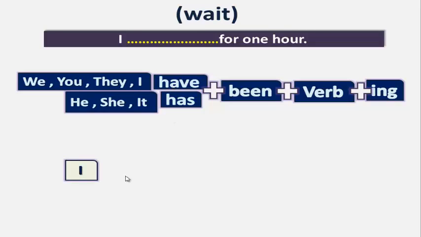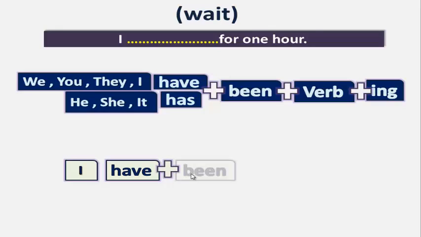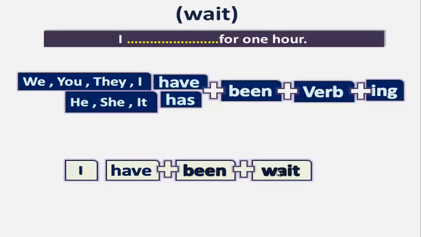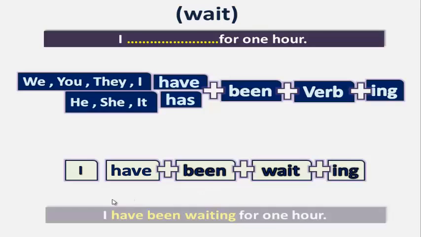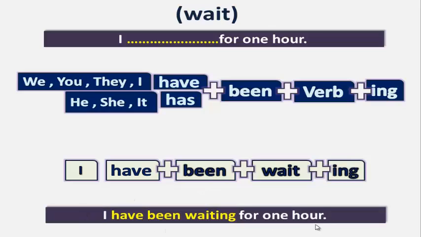Okay, so I have, and then we use been, very good, followed by the verb which is in bracket here, which is the verb wait. And at the end we add ing. And the whole sentence reads, I have been waiting for 1 hour.